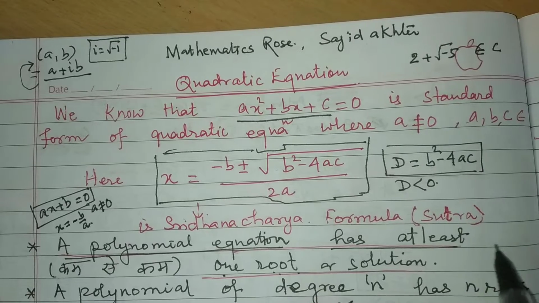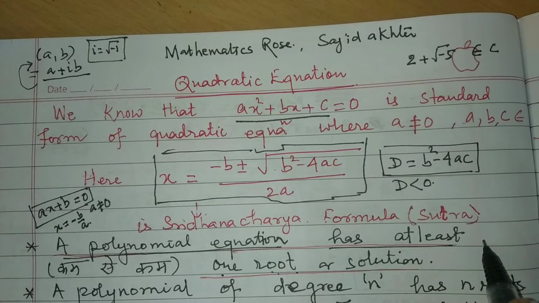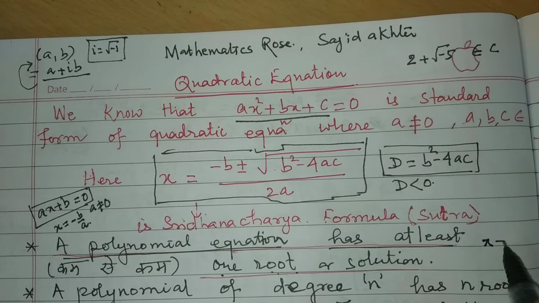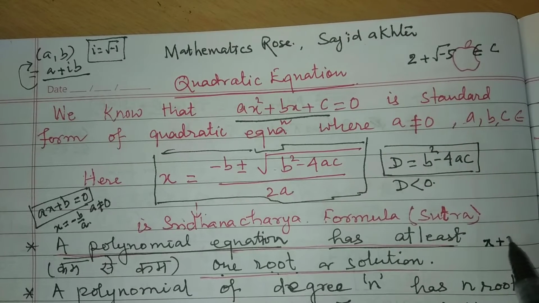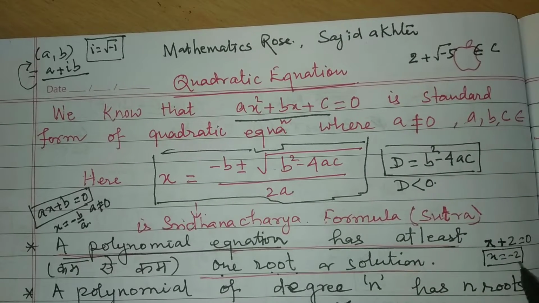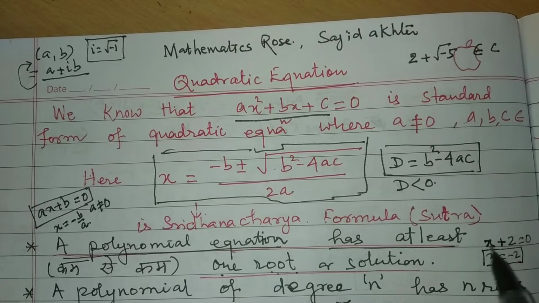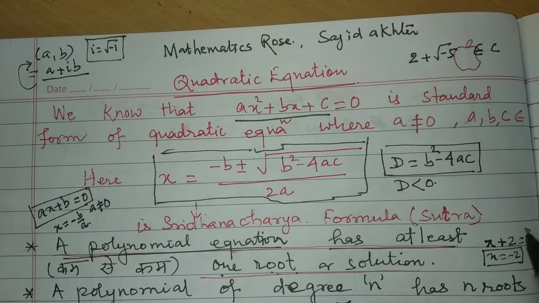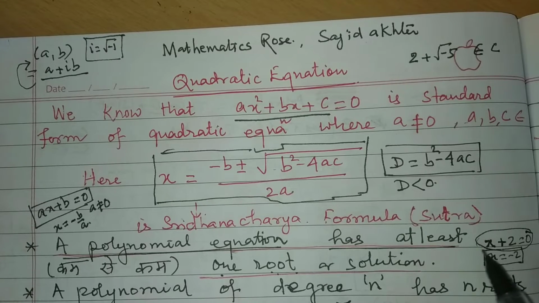Suppose we take a polynomial equation x plus 2 is equal to 0, so x is equal to minus 2. So it has at least one root. This is called a polynomial equation because its left hand side is a polynomial.